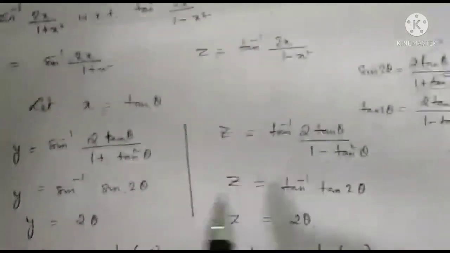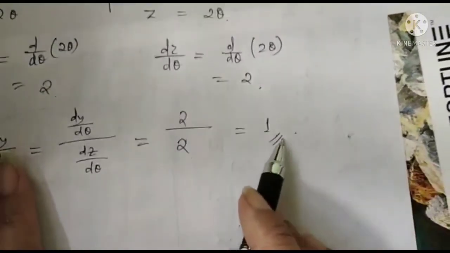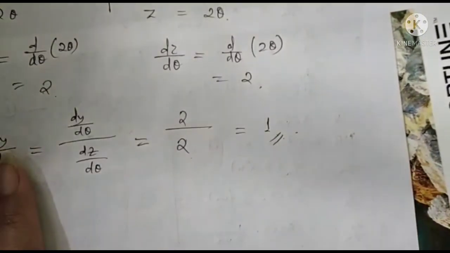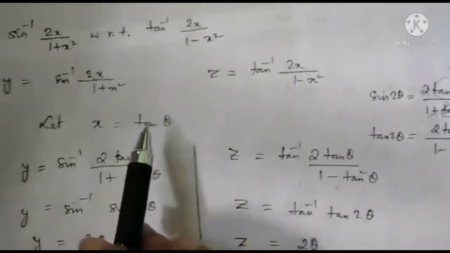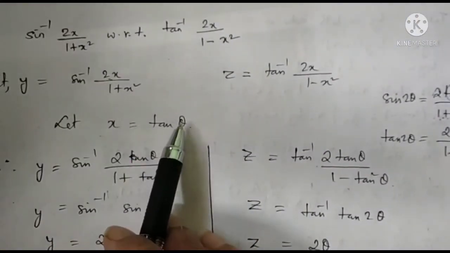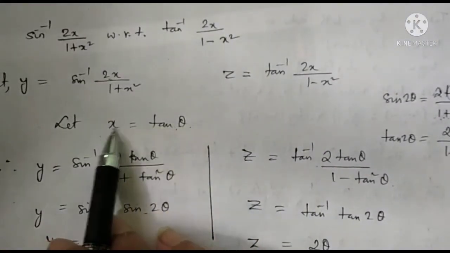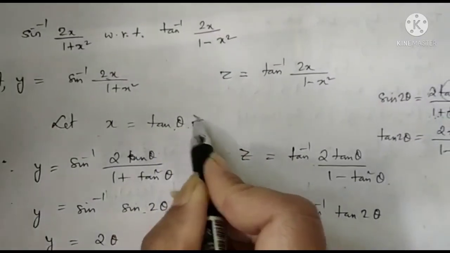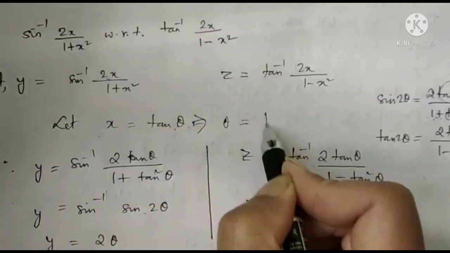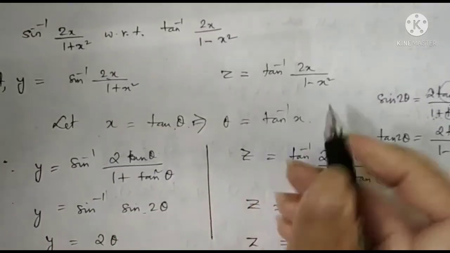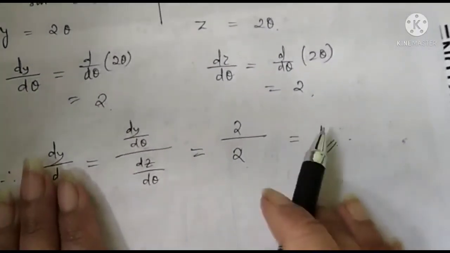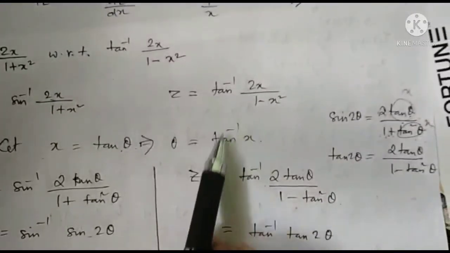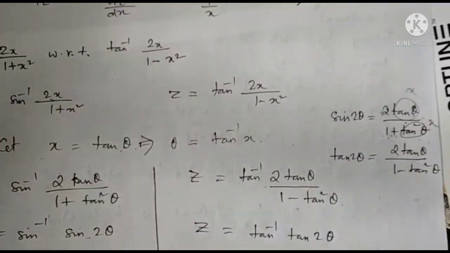So, what you will do is, if you find something in theta, you will replace it by this one. Your theta equals tan inverse x. So wherever there is theta, you write tan inverse x. From here, it implies that theta equals tan inverse x. So in the final answer, if you get something in theta, you just replace the theta by tan inverse x, and that will give you your answer.